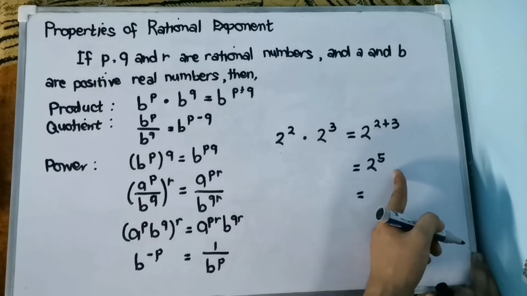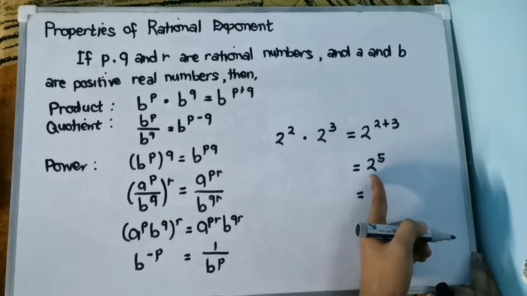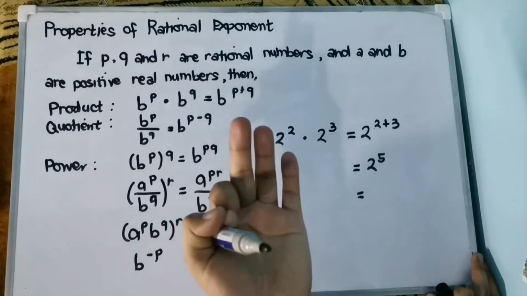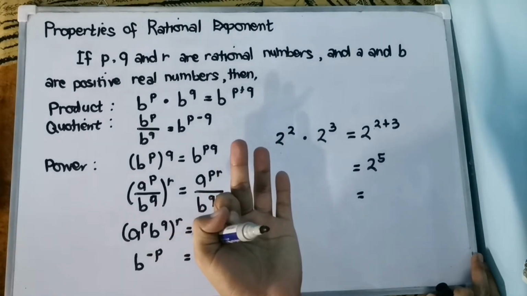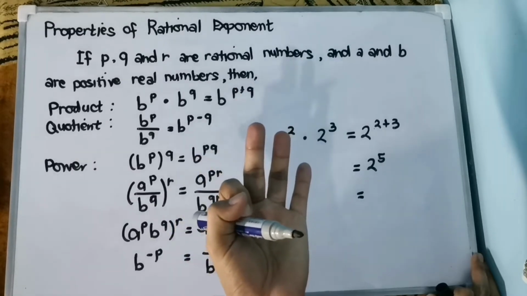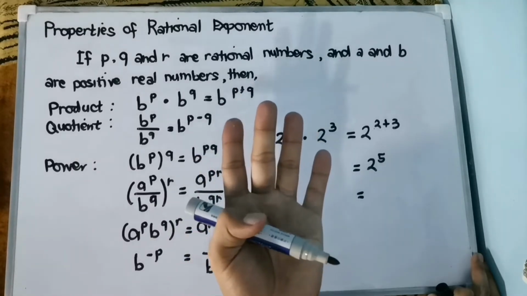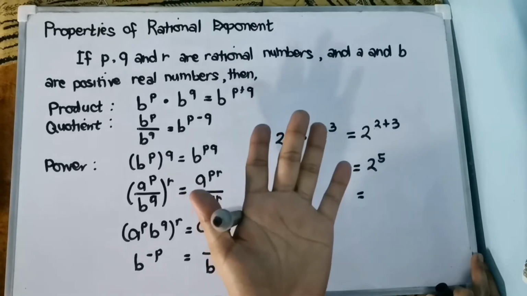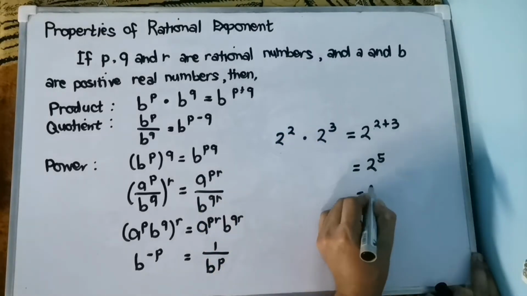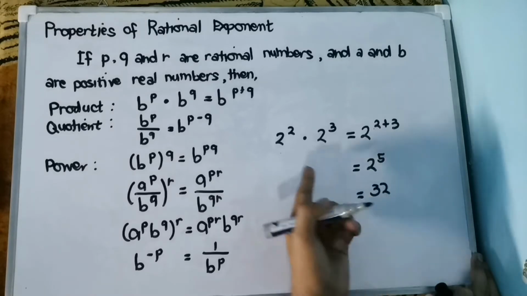Meaning you are going to multiply the base 2 by itself 5 times. So that is 2 times 2 is 4, times 2 is 8, times 2 is 16, times 2 is 32. So meaning 2 to the 5th is 32.